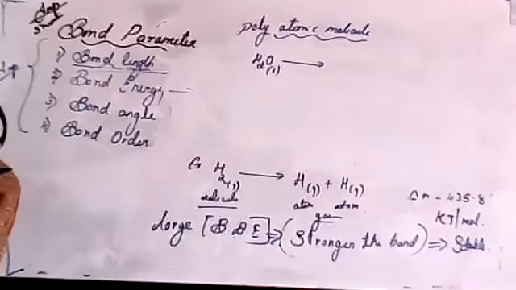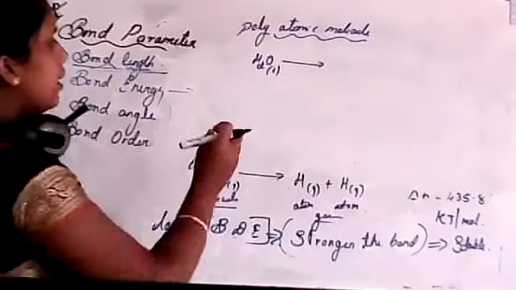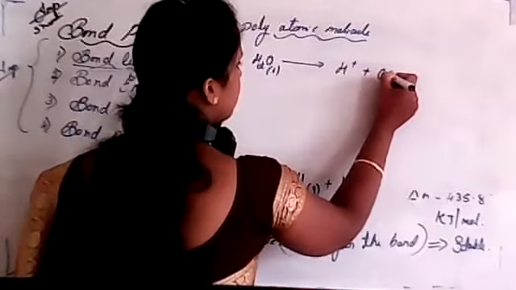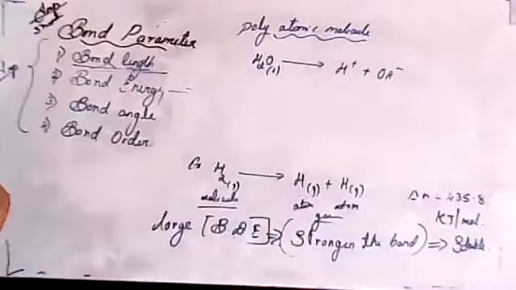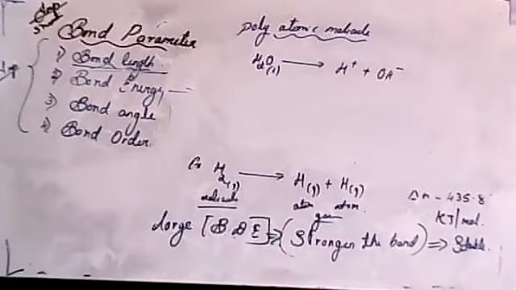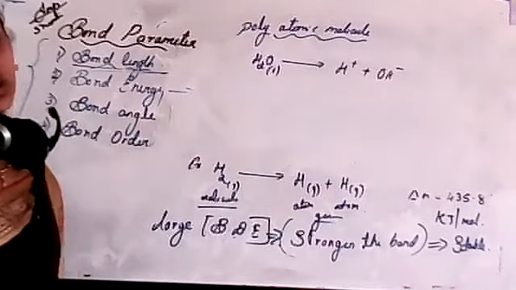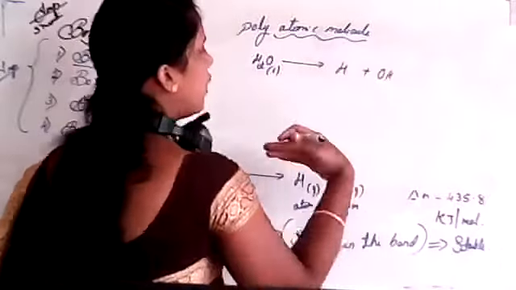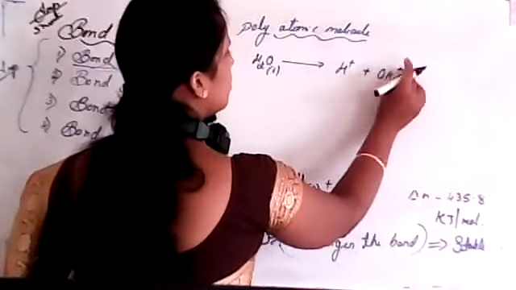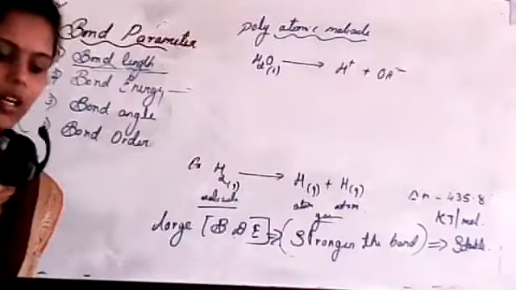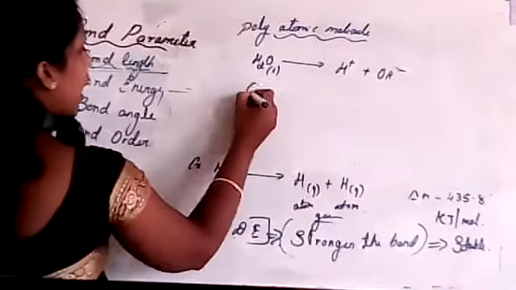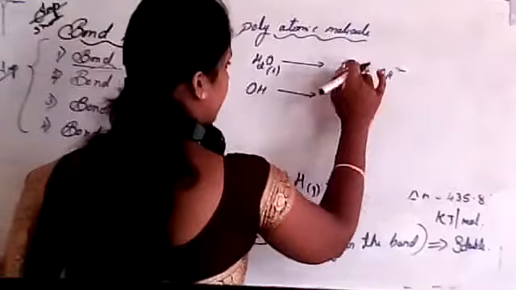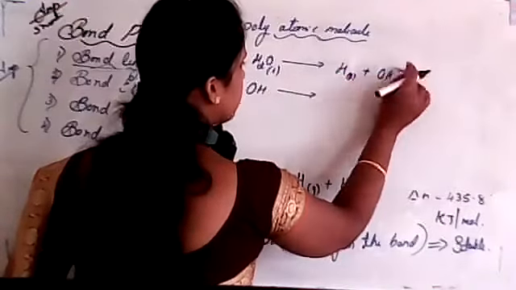So when it dissociates, it gives H plus and OH minus. Or I'll simply consider H and OH, okay? It is actually H plus and OH minus. Clear? Further, I have to dissociate this, isn't it? So that's why I'll consider it as a gas, okay? I'll consider both as gas.